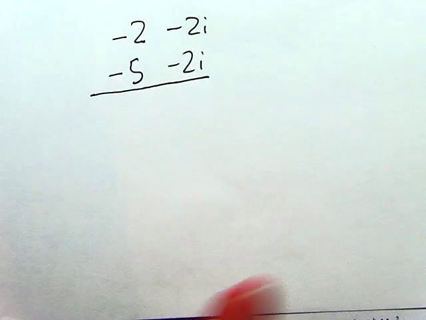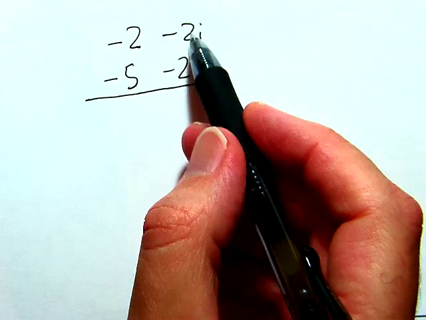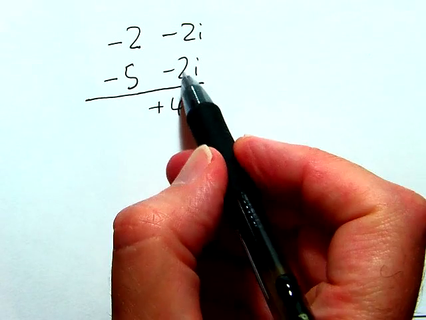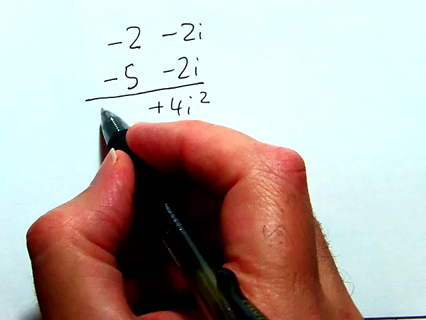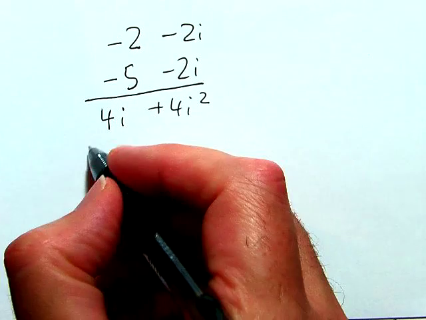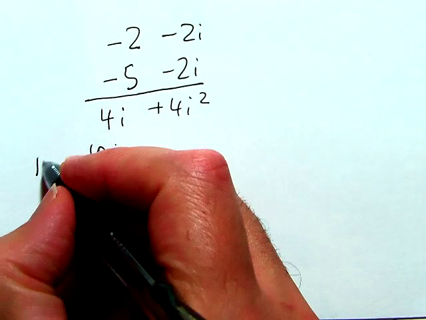Let's actually multiply it out term by term. Negative 2i times negative 2i is positive 4i squared. Negative 2i times negative 2 is 4i. Negative 5 times negative 2i is 10i. And negative 5 times negative 2 is positive 10.